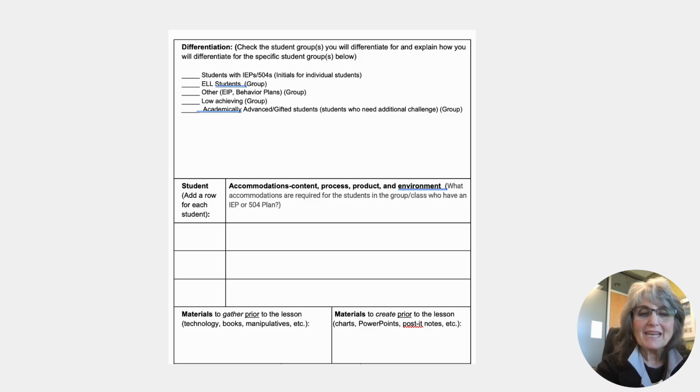And then of course there are the academically advanced students. Sometimes these are your gifted, sometimes these are students that have not been identified as gifted, but in your particular subject area, they do need some extra support to ensure that you're meeting their needs.